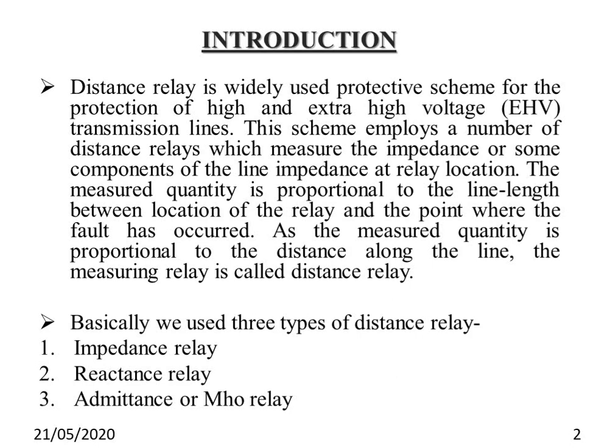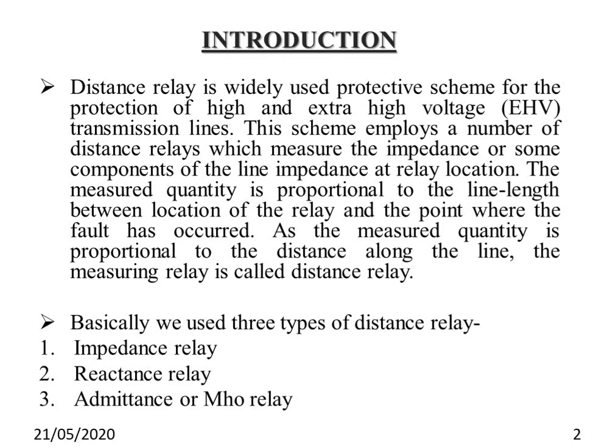The measured quantity is proportional to the line length between the location of the relay and the point where the fault has occurred, as the measured quantity is proportional to the distance along the line. The measuring relay is called distance relay.